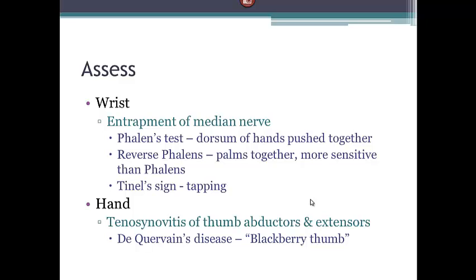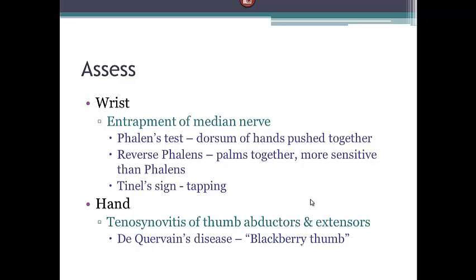Symptoms. Basically, patients have pain along the distribution of the median nerve, which is the palmar side of the thumb, the index and the middle finger, and the radial half of the ring finger. Sometimes it could involve the entire hand.